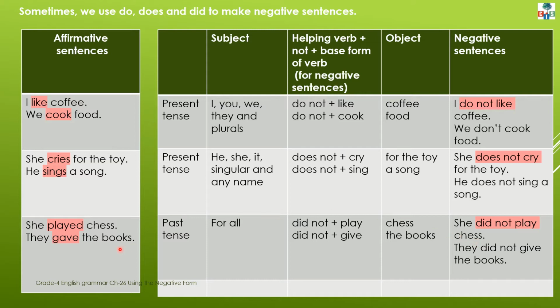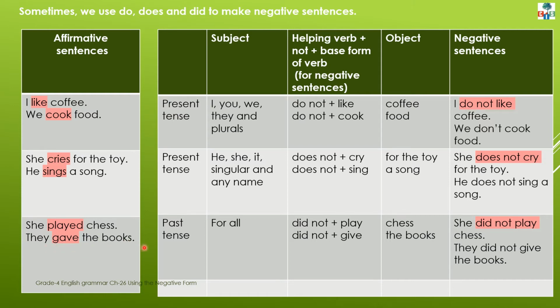Here, if the verb is in past tense, you will use the helping verb did. And with did also, your main verb will be in the base form. Played will change into play. See another example. They gave the books. Now what is the verb here, children?